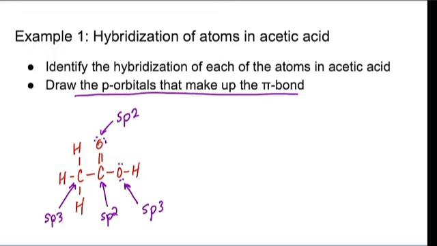And so those p orbitals would be, pick an interesting color here. So for each of these sp2 hybrid atoms, there is a p orbital that is left over after the 3 orbitals combine to make sp2 hybrid orbitals. So that pi bond is formed through parallel overlap of electron density between these 2 p orbitals.